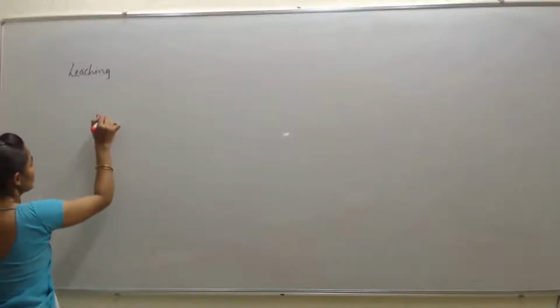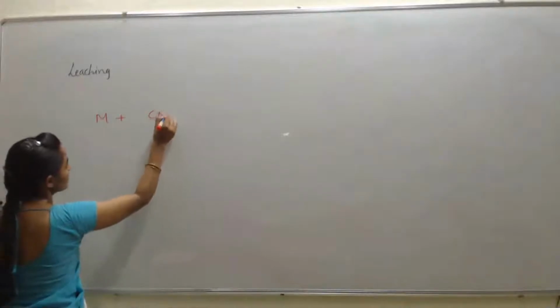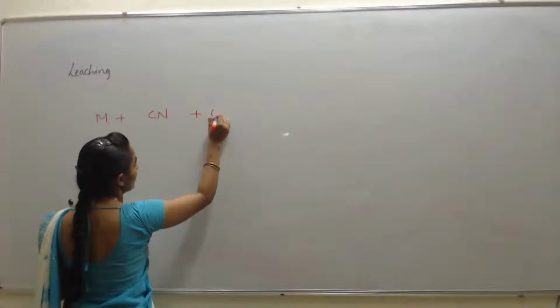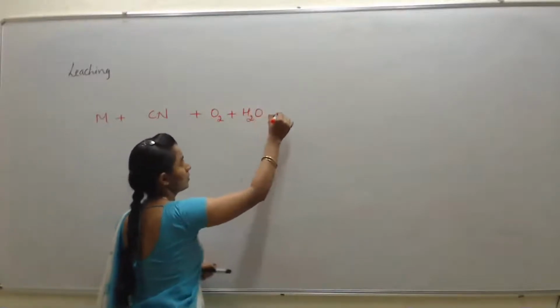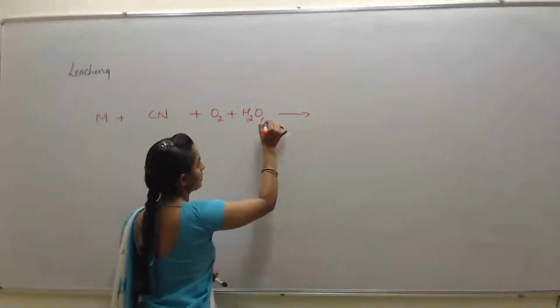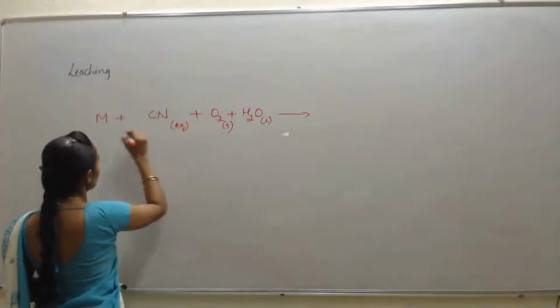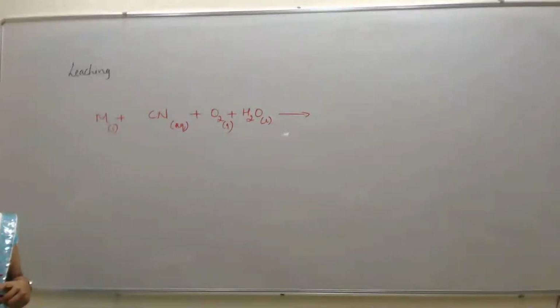So listen, metals react with KCN or NaCN in the presence of air and diluted solution. This is liquid, this is gas, this is aqueous, this is solid. Okay, so then what happens?